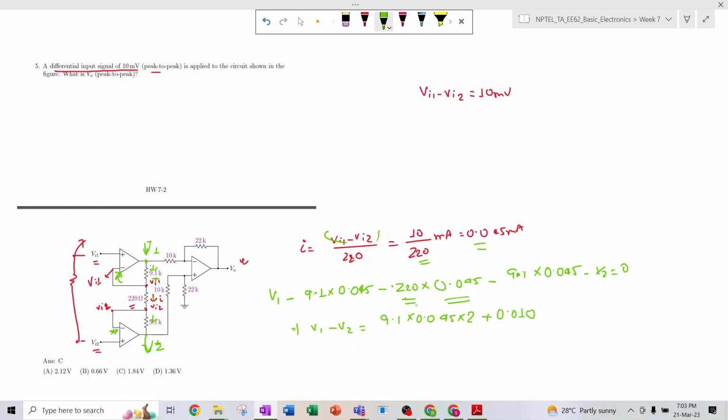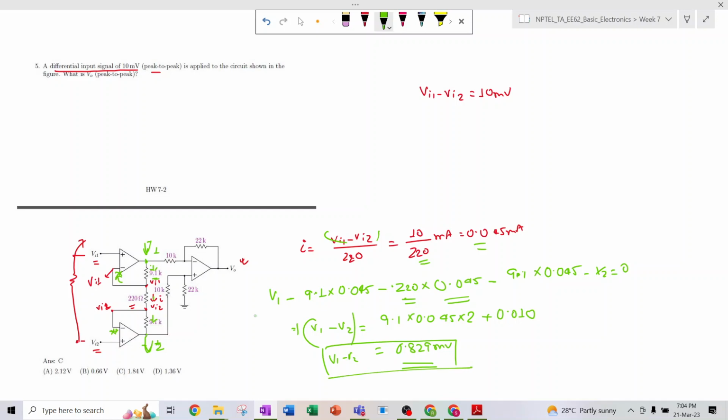Okay, so now what we are getting, 9.1 into 2 into 0.045 plus 0.010, this is 0.829 millivolt. So now this V1 minus V2 is 0.829 millivolt that we got.